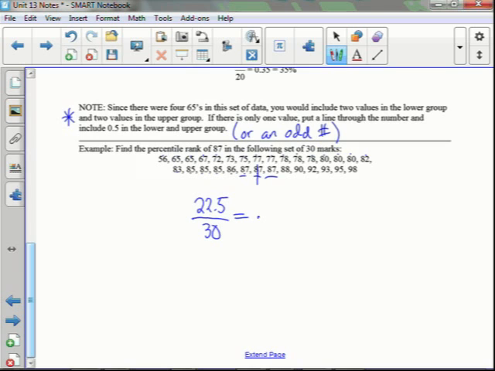We get that as a decimal, 0.75. You convert that to a percentage by multiplying by 100 or moving the decimal point 2 places, and we get 75%. So a rank of 87 scored in the 75th percentile. That's how you would say that.